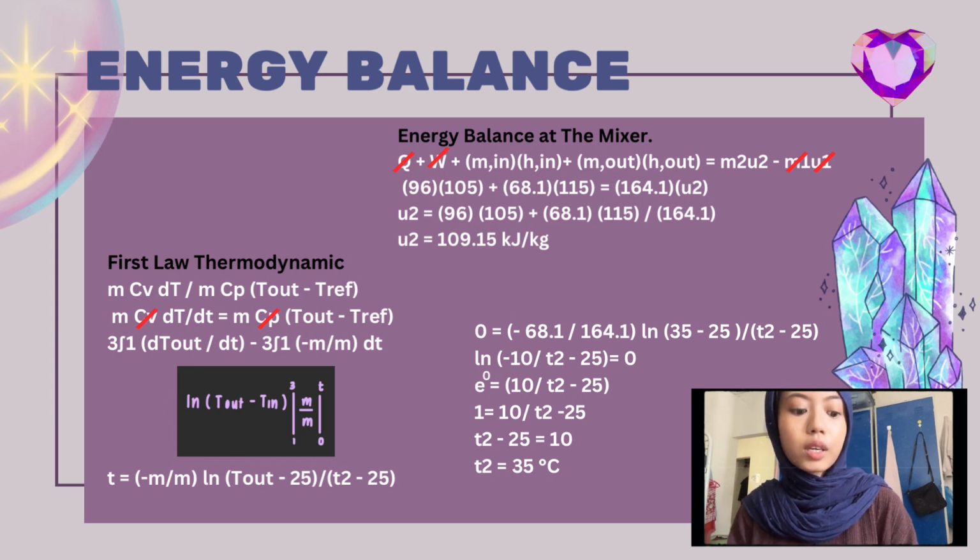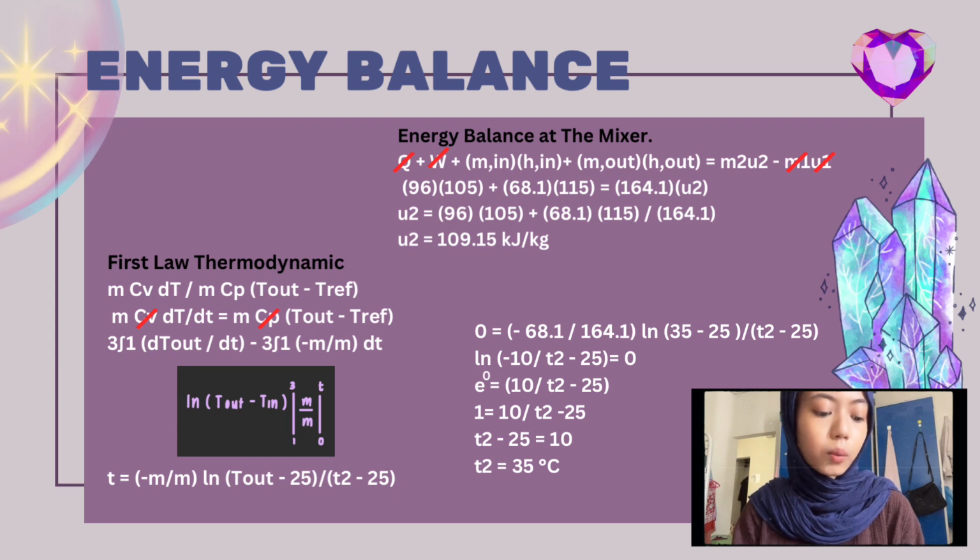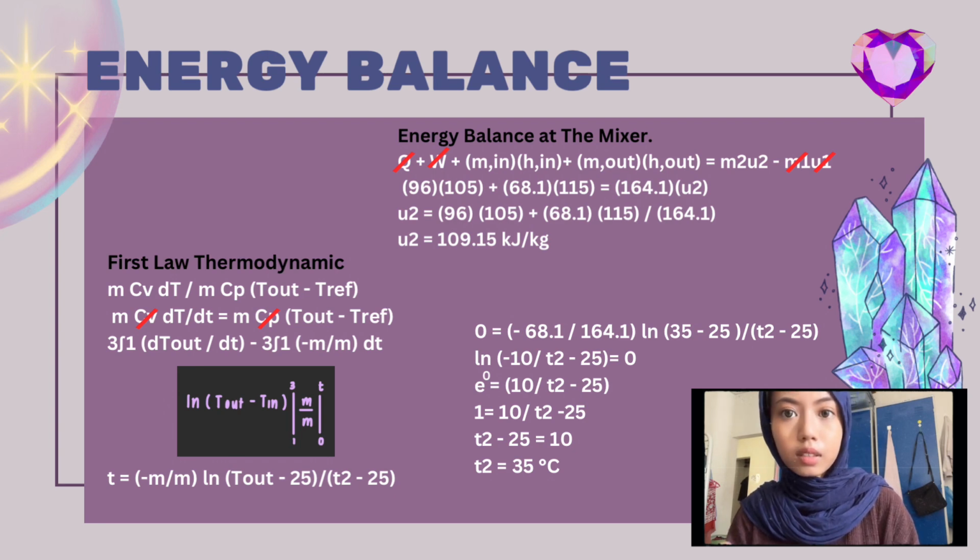The formula that we use is Q plus W plus the sum of M in times H in plus the sum of M out times H out equals M2 U2 minus M1 U1.